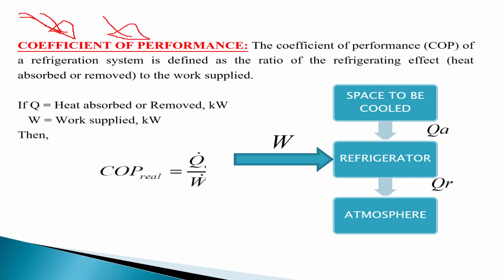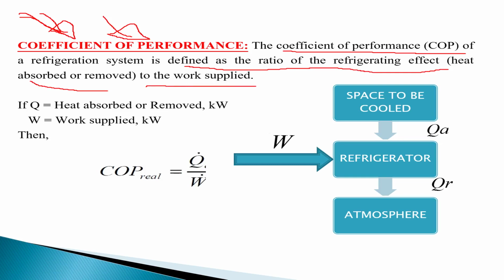We define it in terms of coefficient of performance, usually represented as COP. It's a number, no units. The COP of a system is defined as the ratio of refrigeration effect, that is heat absorbed, to the work supplied.